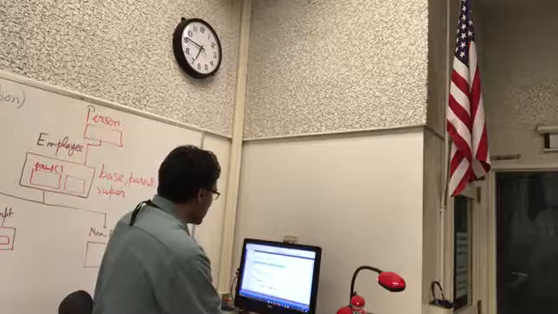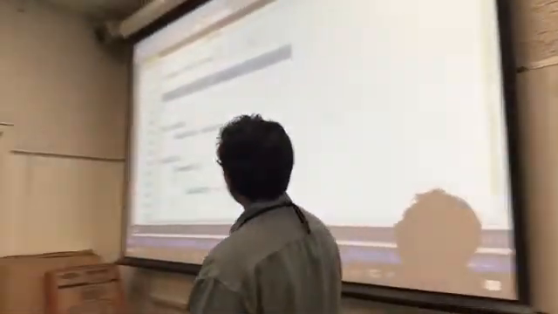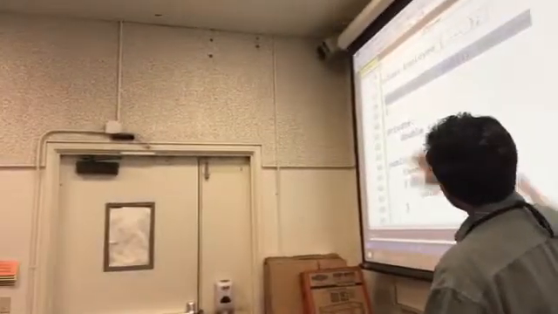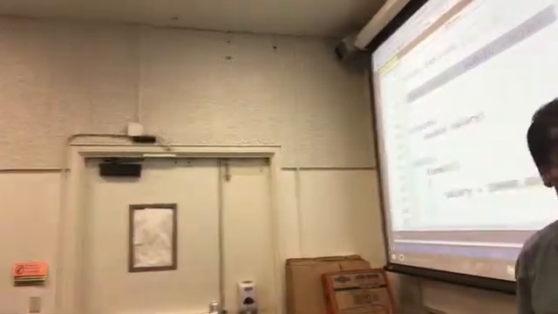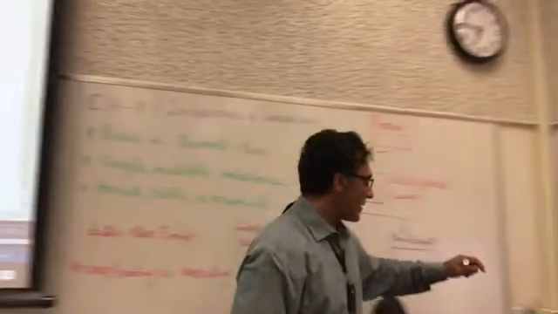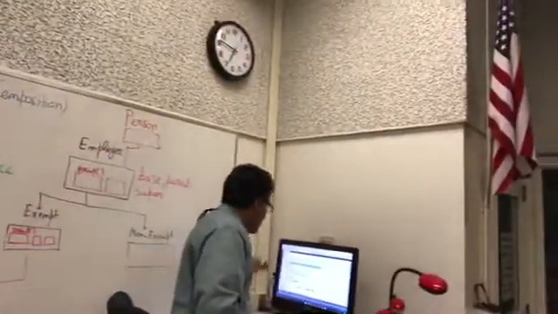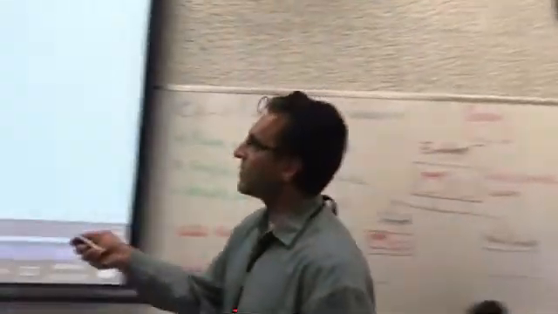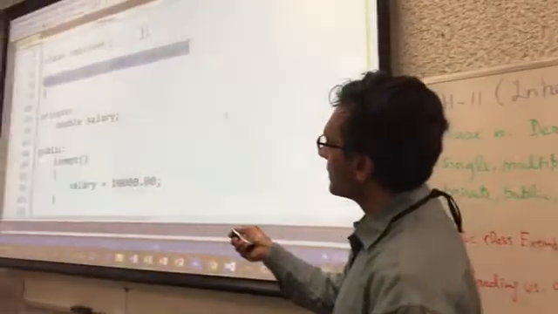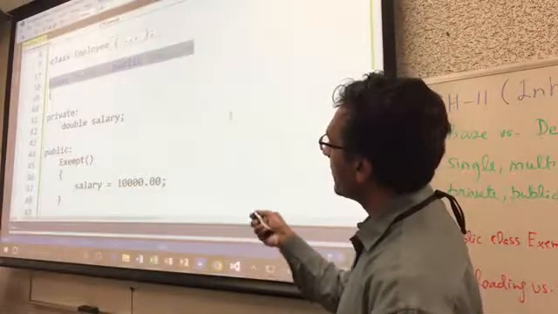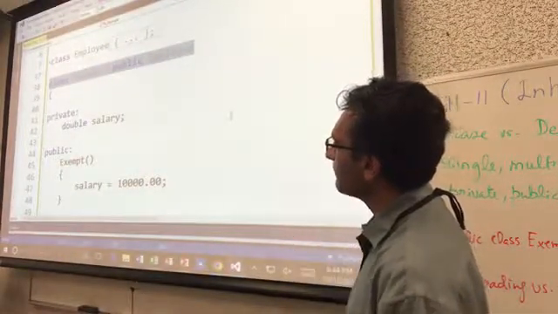And here, my exempt class is a derived class from employee. And this is how you can identify it. You can see that I have a relationship between exempt and employee. And here's the relationship. This exempt is a derived class. It's based on this employee class.